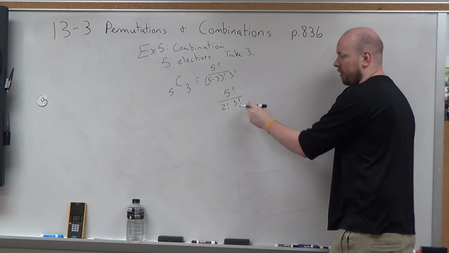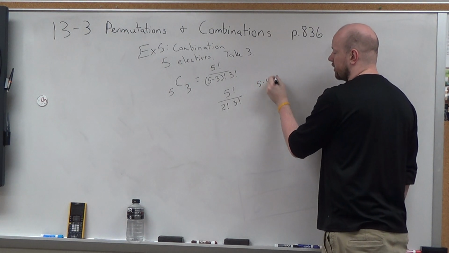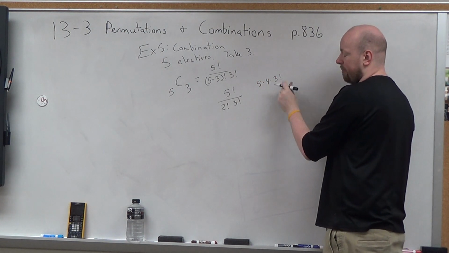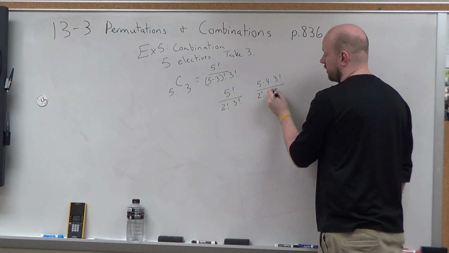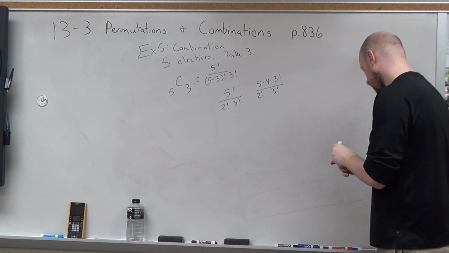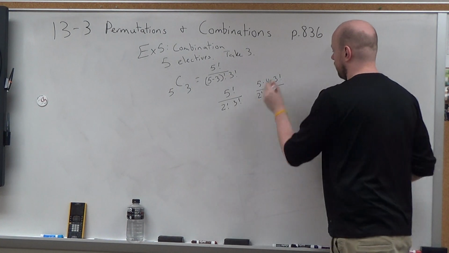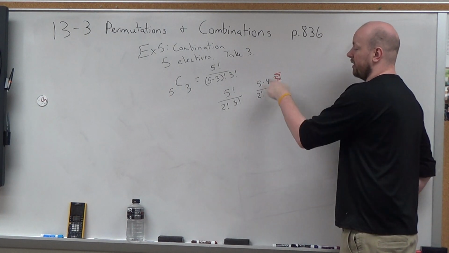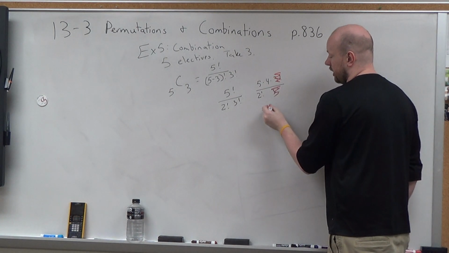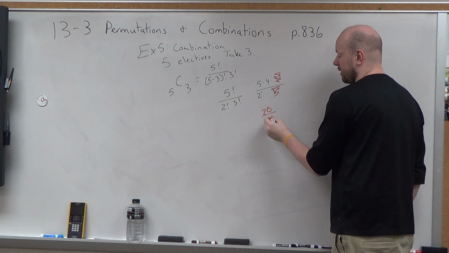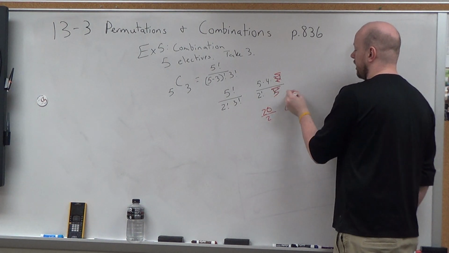My highest one's going to be that 3 factorial, so 5 times 4 times 3 factorial. So I want to stop there. Over 2 factorial, 3 factorial. My 3 factorials are equivalent. So I get 5 times 4, which is 20. I get 2 factorial, 2 times 1, which would be 2. So there are 10 combinations.